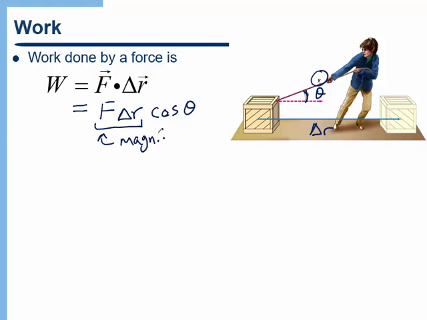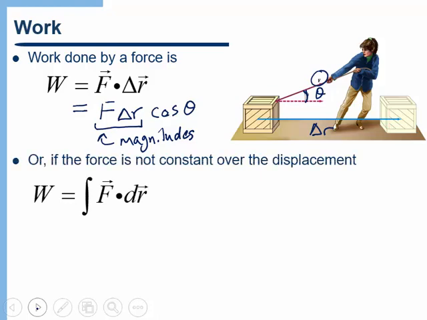Now, it turns out that if the force is not constant over the displacement, then we have an integral definition for work. This is often called a line integral. And basically, this is something that really you don't see until Calc 3 because it's a vector product in there.